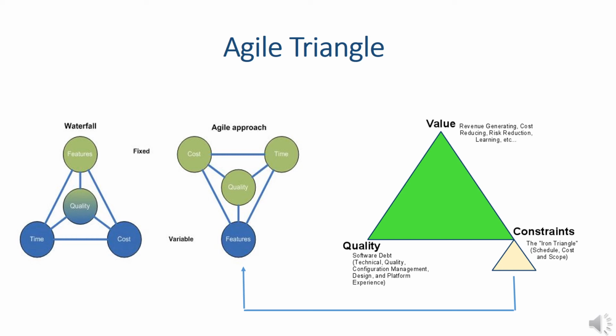Now, if you can achieve high quality in every iterative cycle, that will automatically reduce the technical debt, and that will also make sure that the experience of the user is very high, because you are providing the user a high-value feature which is having a high quality, so automatically end user delight is there.